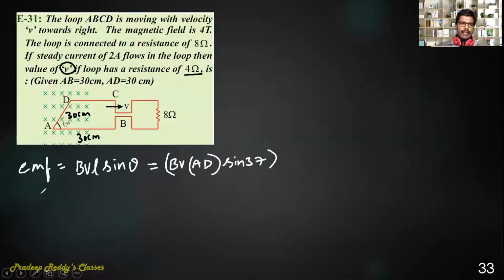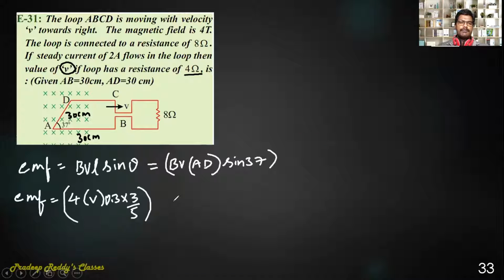That gives you EMF: B is the magnetic field, mentioned as 4 Tesla. V is velocity, which you should calculate. AD is length 30 centimeter, that is 0.3 meter, into sine 37, which is 3 by 5. This is the EMF induced.